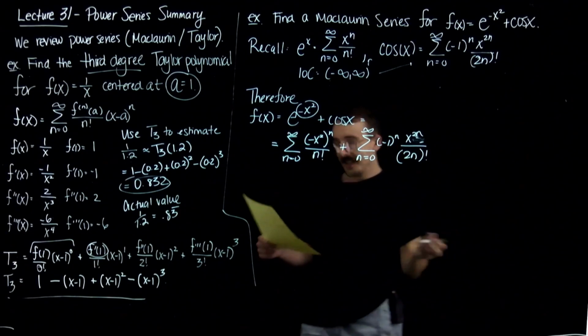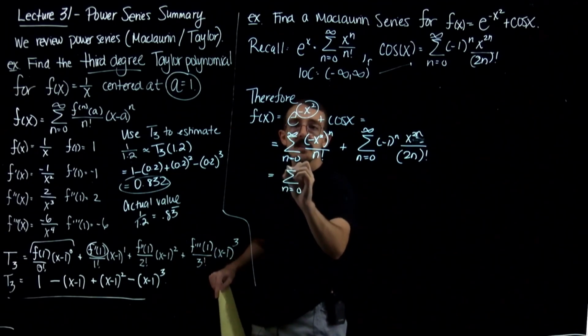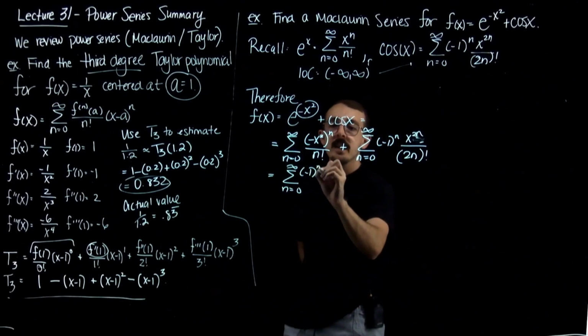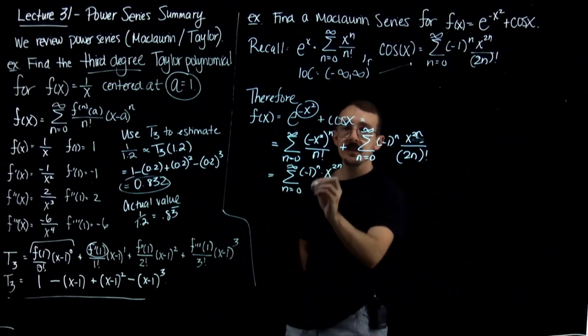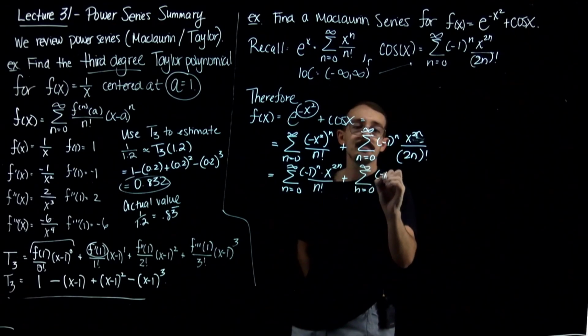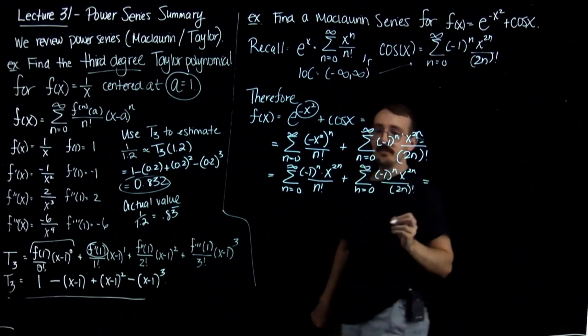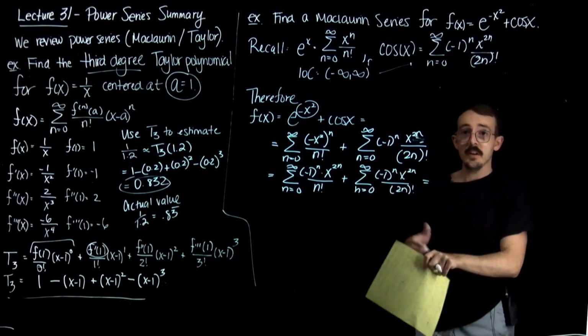What I could do, I guess, is just do what I usually do, which is if I have a negative x squared to the n power, I could separate this as negative 1 to the n times x to the 2n. So separate that, and I'm going to leave everything else the same. I'm just going to rewrite the Maclaurin series for cosine exactly as it is. So that's it. That is a Maclaurin series for that function.